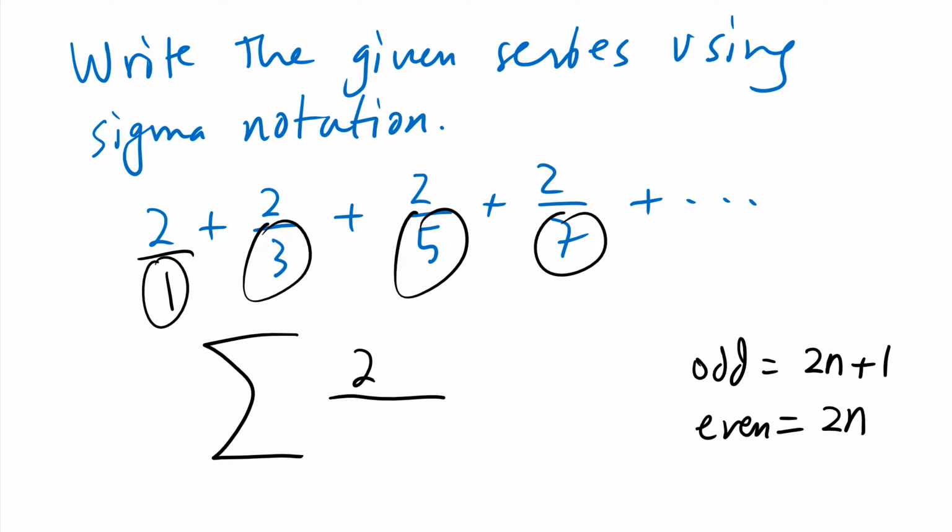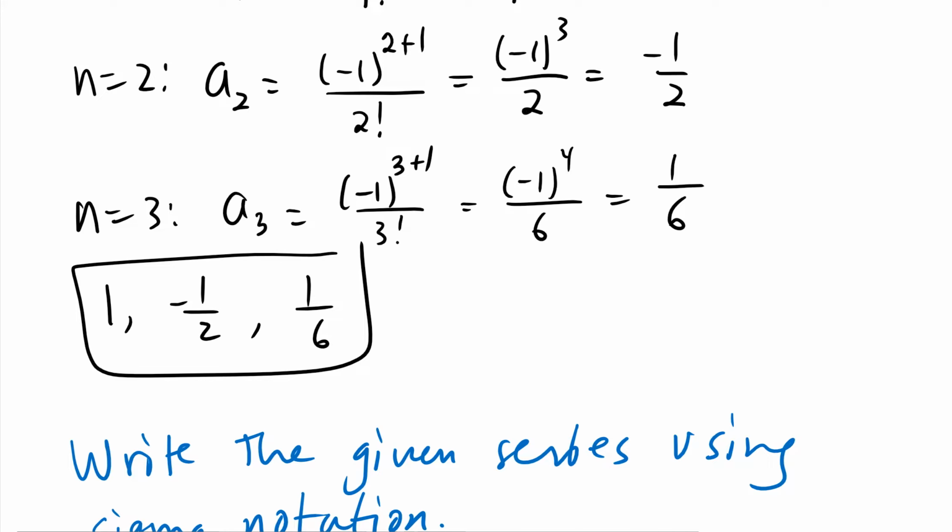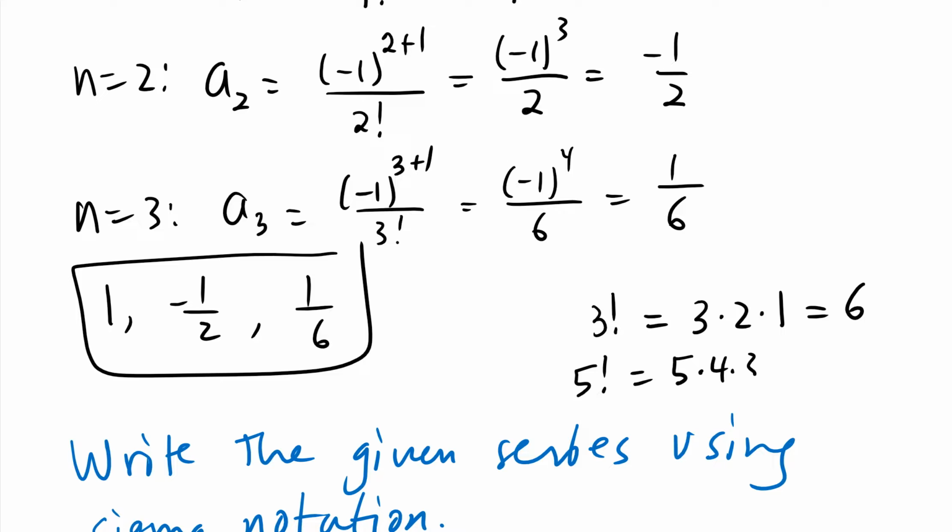3 factorial, back to this, is 6 because 3 factorial is 3 times 2 times 1. If you happen to find 5 factorial, you just take 5 multiplied by all the numbers until you reach 1.